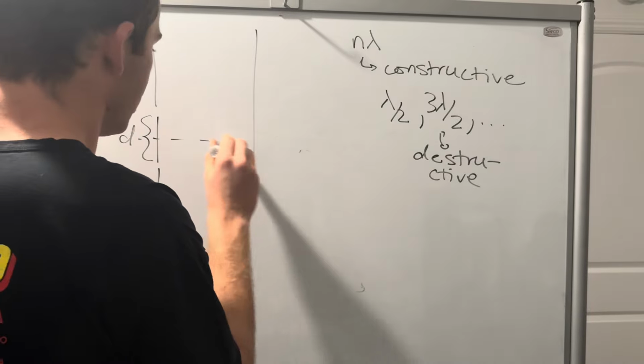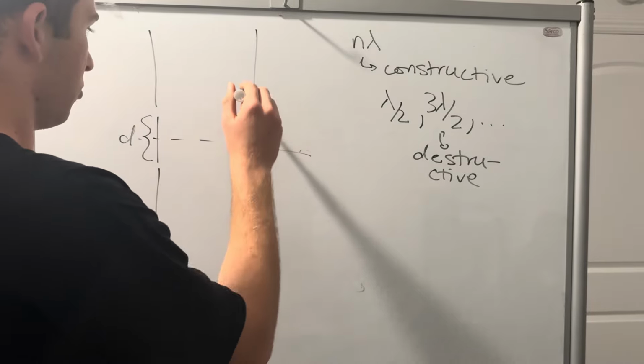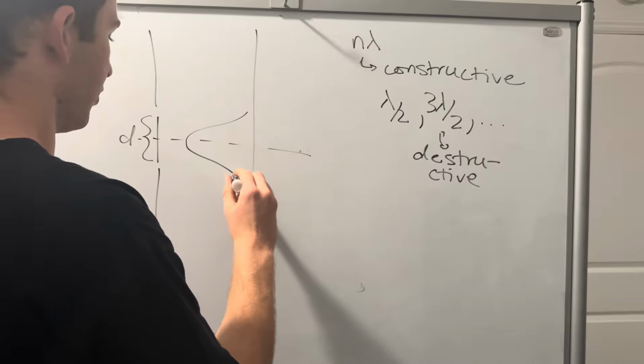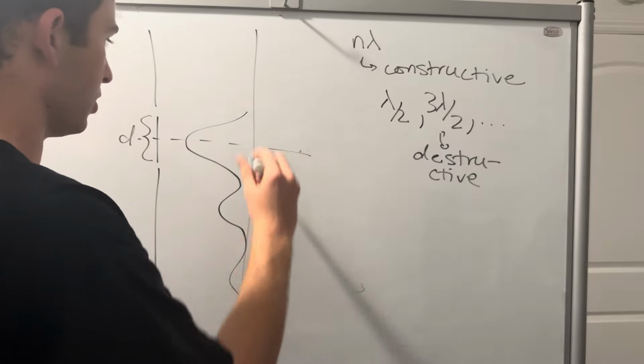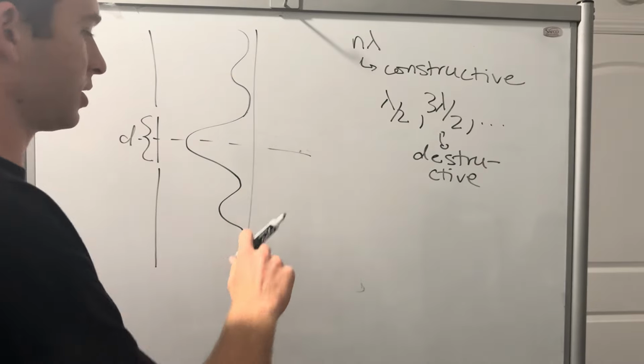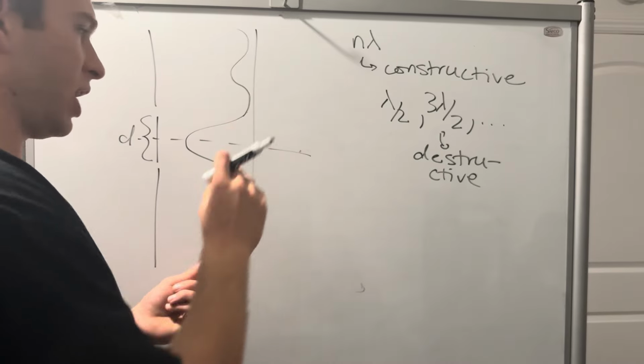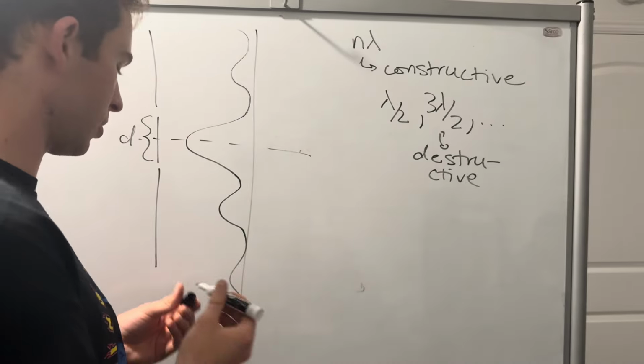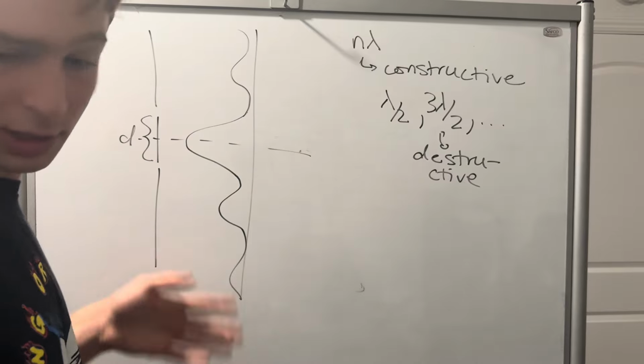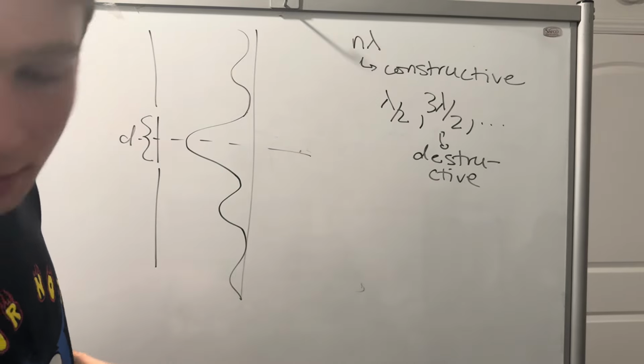We know that if we do our slit experiment, we're going to have our pattern right here. We're going to have our peak in the middle, our peak over here, and then one over here. And it's going to disperse out, and the peaks are going to get smaller. But we don't really care about that. What we care about is the wavelength.